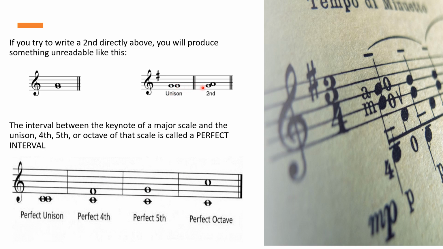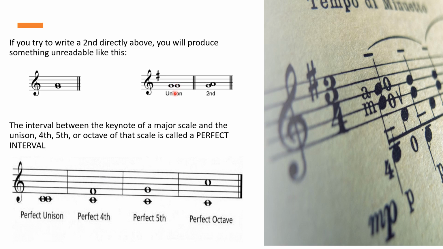So this is clear. You are able to tell that this is a second interval because you have one on the line and another on the space. But for unison, if you put this note on this same line, you're either going to read this as one note, and you're not able to distinguish where each note is placed.